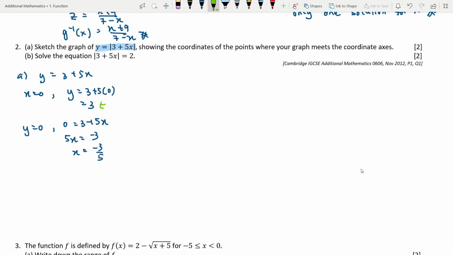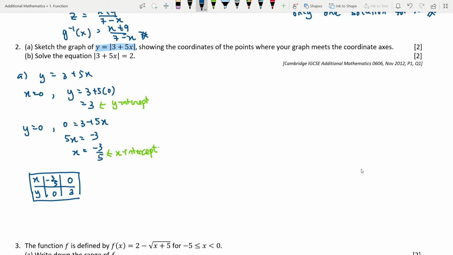This is the y-intercept, and this is the x-intercept. If we put all the values into a table, we will get a table that looks like this. Negative 3 over 5, 0, 0, 3.